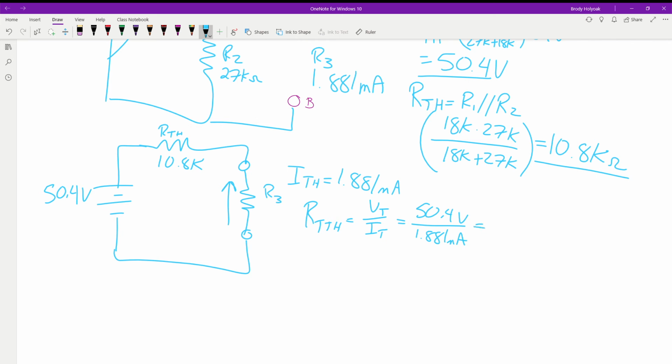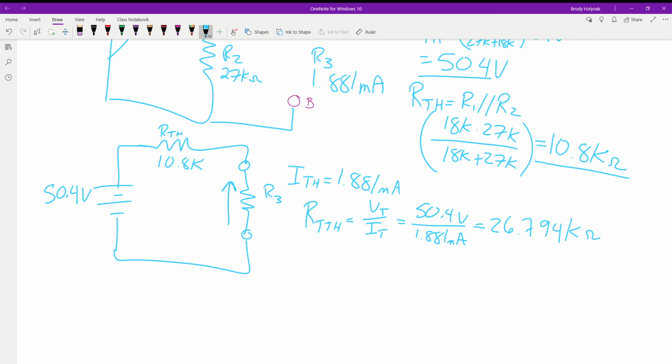What does that give us? So we have 26.8 kiloohms.